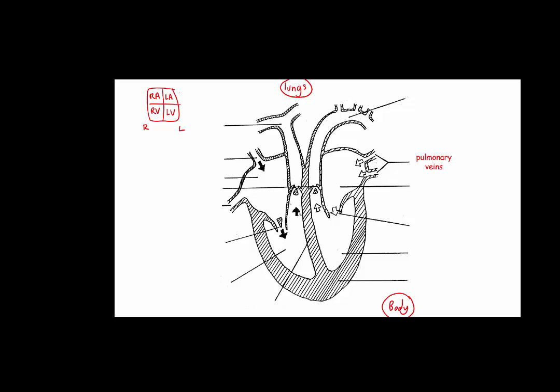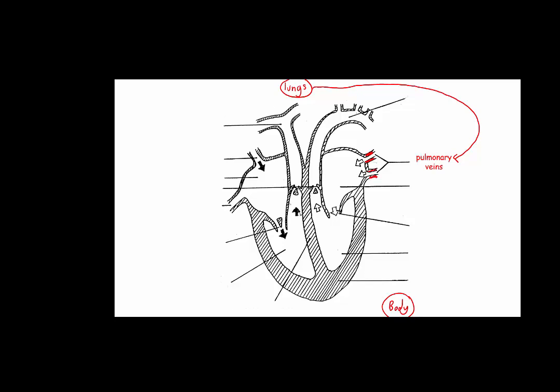Now we basically need to know what vessels come in and out of each part, and also the name of the valves which separate each part. So if we look at this, what happens is blood flows from the lungs back to the heart in the pulmonary veins. So these two things here are the pulmonary veins.